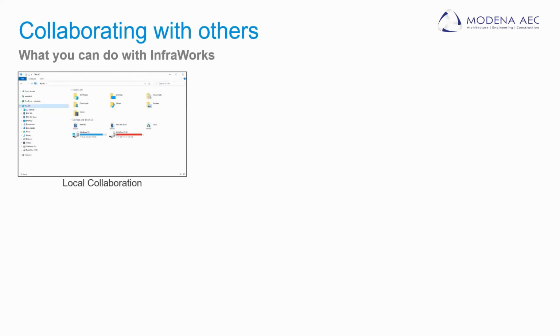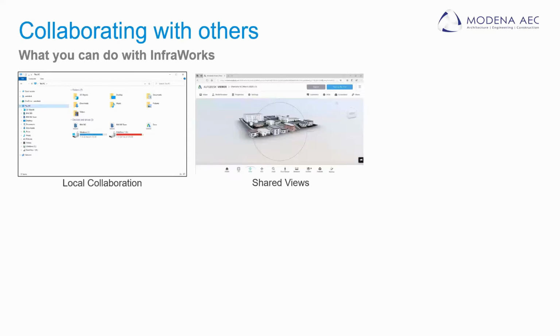Then collaborating with others. We need to understand how we can share and collaborate with others on our models, locally and in the cloud. Firstly, we have local collaboration, where users can store their data on either their computer hard drive or a network drive. One thing to note is that only one person can access the model at any given time when using this method.